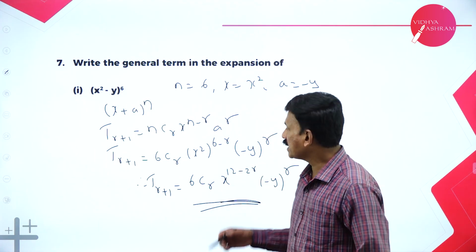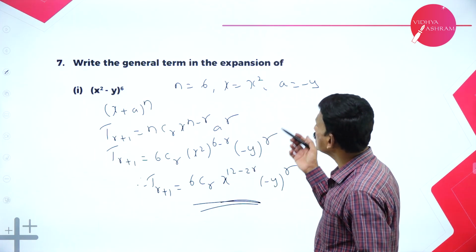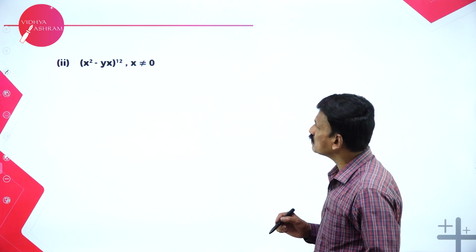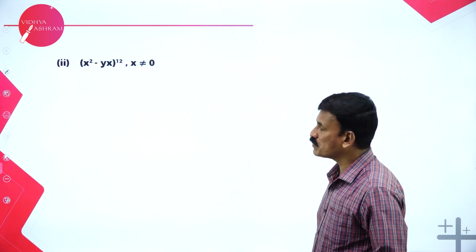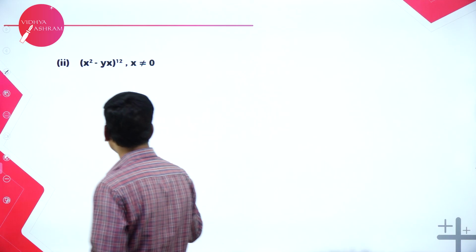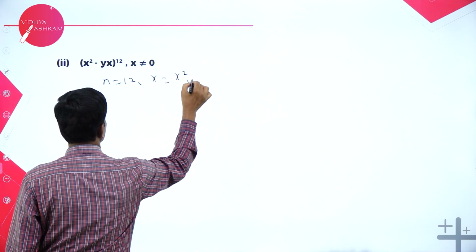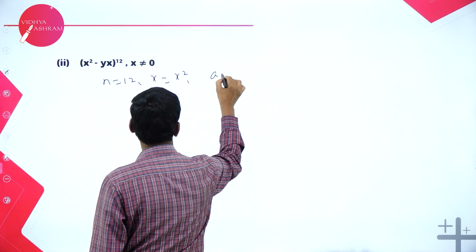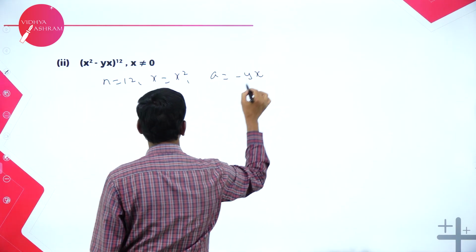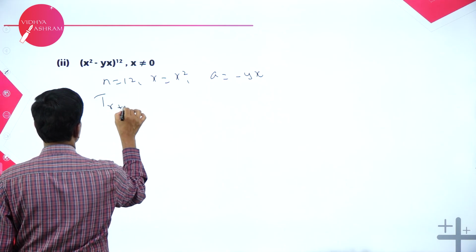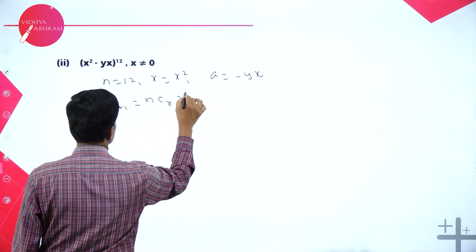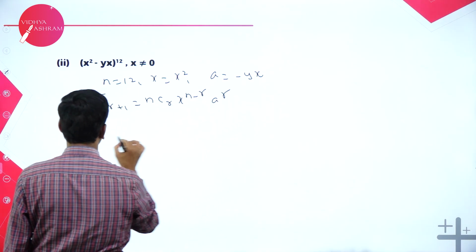Okay. Now, second one. Similarly, write the general term in the expansion of (x square minus yx) to the power of 12. Now, same. What is n here? n is equal to 12. x is equal to x square. a is equal to minus yx. So, the general term T(r+1) is equal to nCr x raised to n minus r, a raised to r.